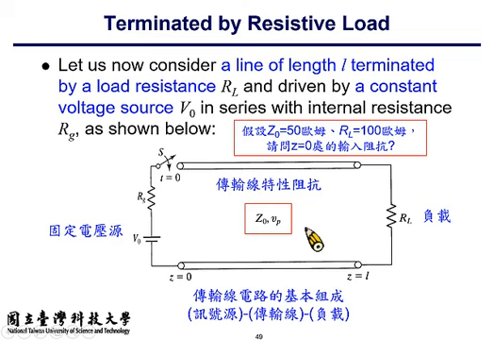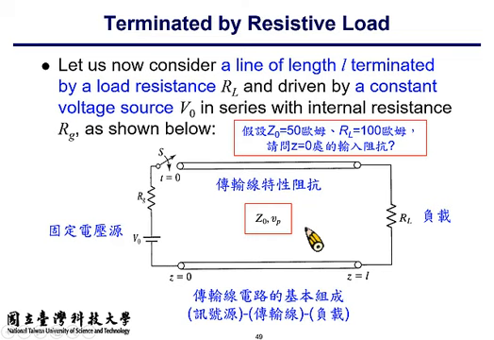The internal resistance of the generator is labeled as RG. On the right-hand side is your termination. As the title of this section says, terminated by a resistor. We see there is a resistor connected to the right end of the transmission line, labeled as RL.